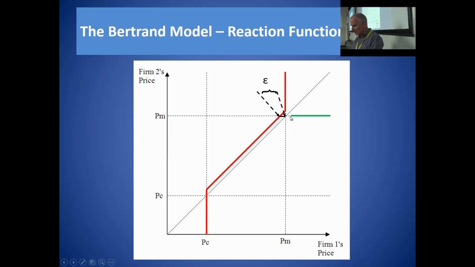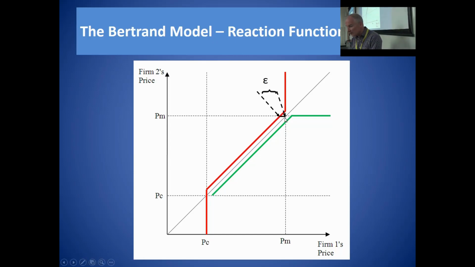And then the same thing as before. Anywhere between firm 1 charging a price between PM and PC, the optimal response of firm 2 is not to match that price, but just to undercut it. And so there you go, that's the next part of the best response line. Again, that distance between the 45-degree line and the best response line is just that fractional reduction in the price.